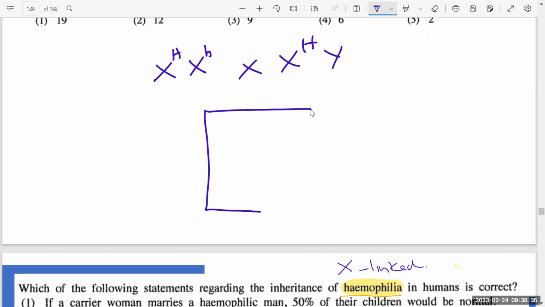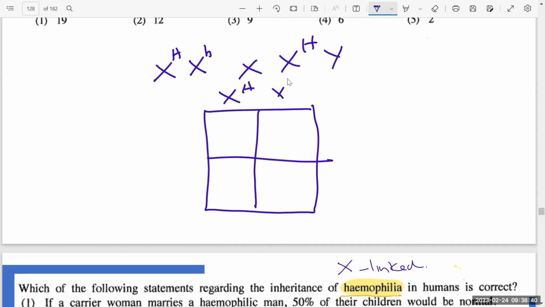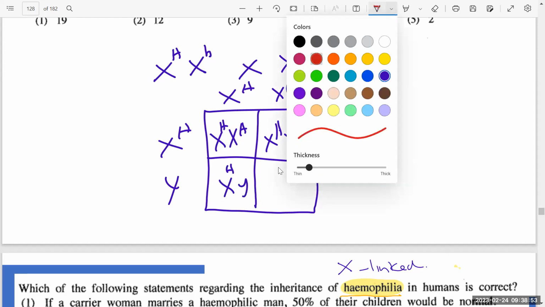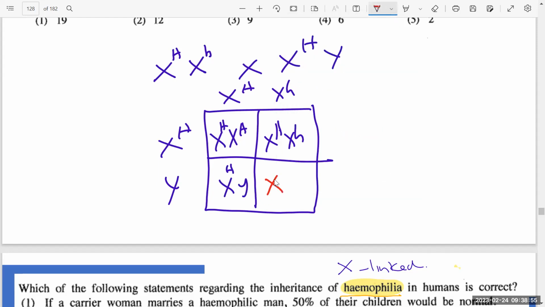In this case, we are learning this marriage: X capital H, X capital H, X capital H, X simple h, X capital H Y, X simple h Y. Now you see, this is an exceptional situation.